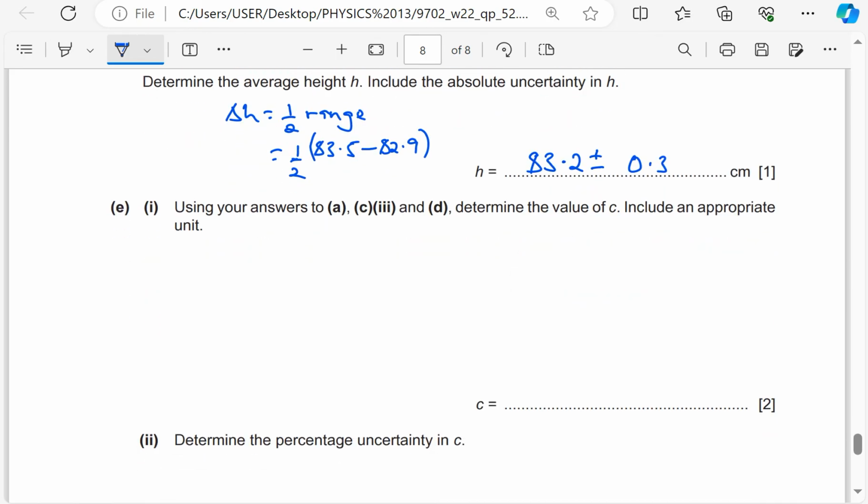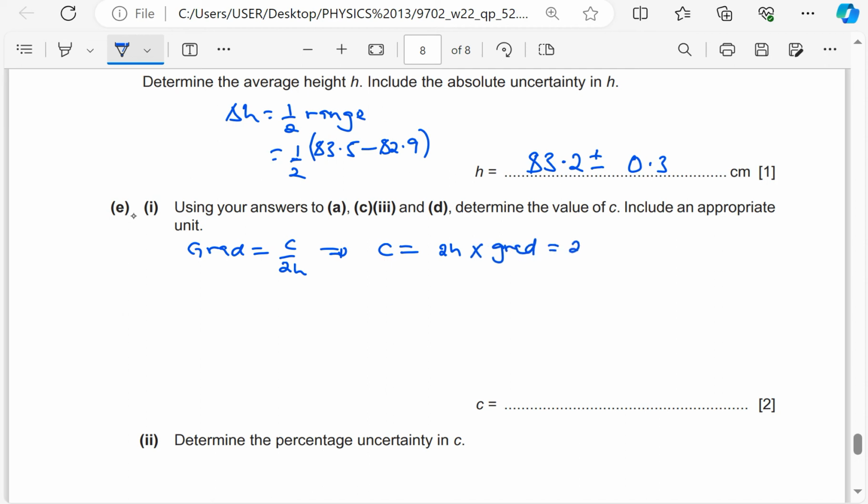Then use your answers to A, C, Roman 3 to determine the value of C, include the appropriate unit. Of course, we said from A, the gradient was C over 2H, which implies that we are finding C, which implies that C is equal to twice H times the gradient.